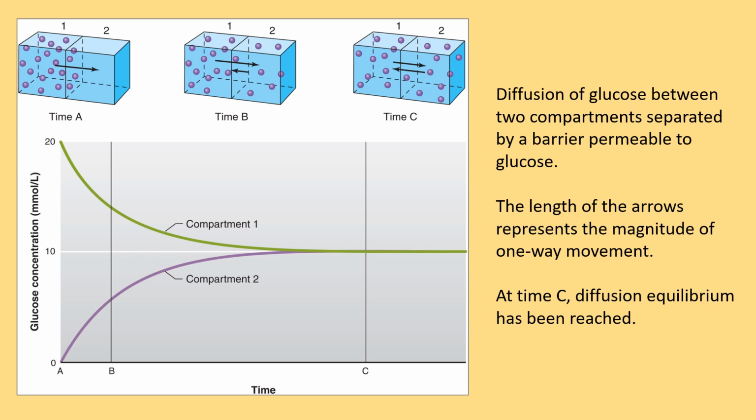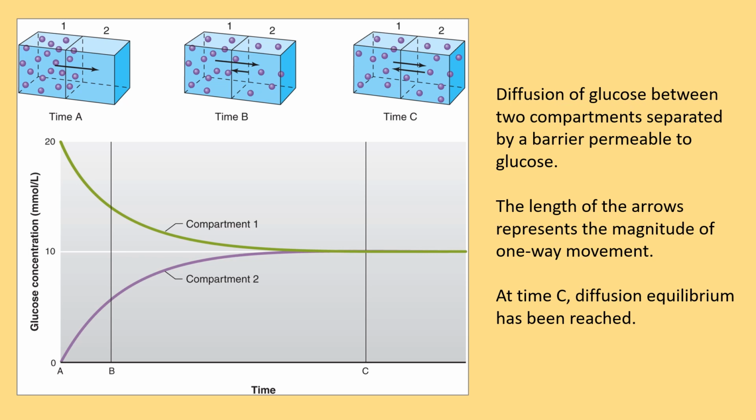And we see what happens as solute moves between those compartments from time A to time B to time C. And then down below, we can graph the concentration of the fluids in each of those compartments over time. So let's start with the images up top. We have our two compartments and they're separated by a semi-permeable barrier that allows the purple dots to cross.